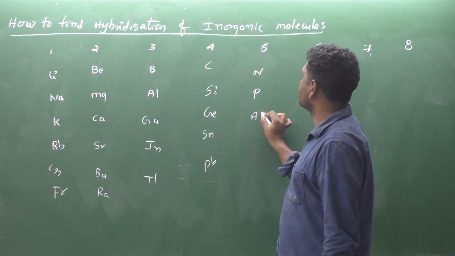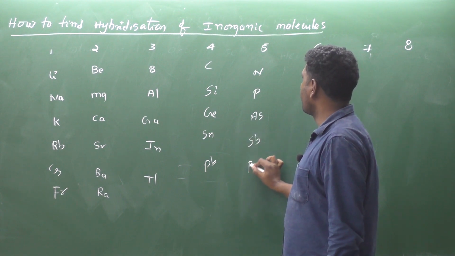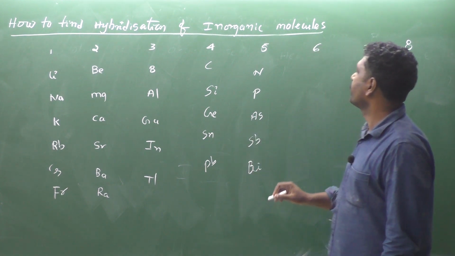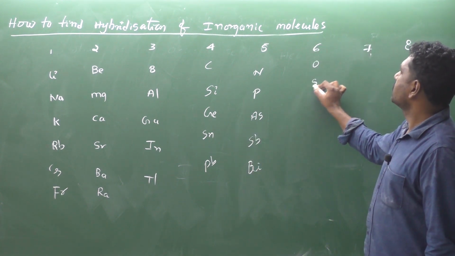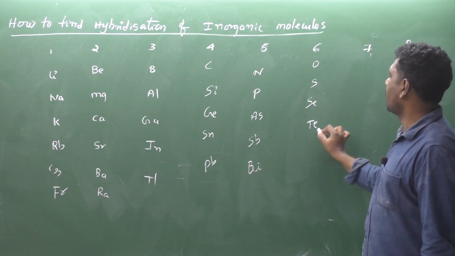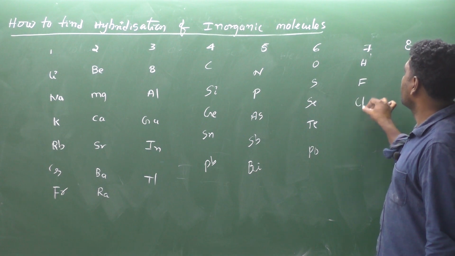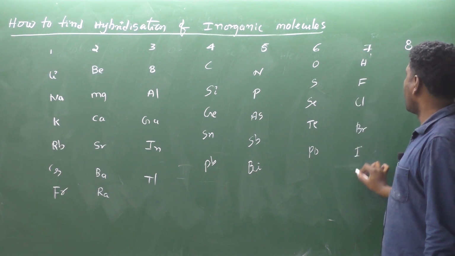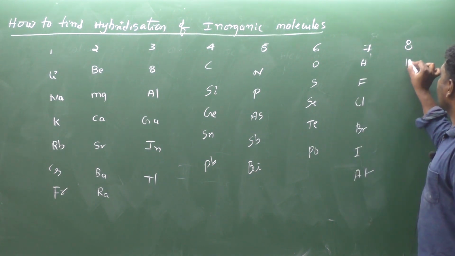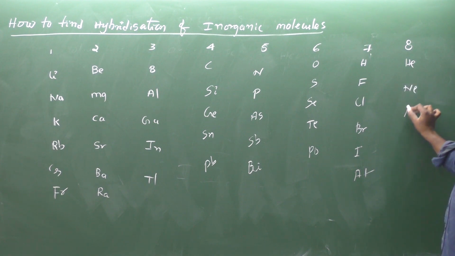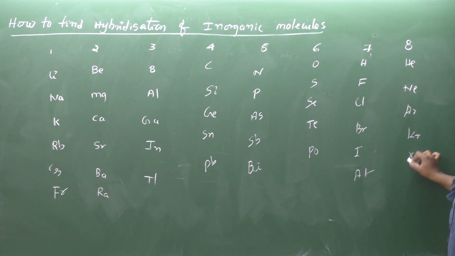Nitrogen, phosphorus, arsenic, antimony, bismuth. Oxygen, sulfur, selenium, tellurium, polonium. Hydrogen, fluorine, chlorine, bromine, iodine. Helium, neon, argon, krypton, xenon, radon.